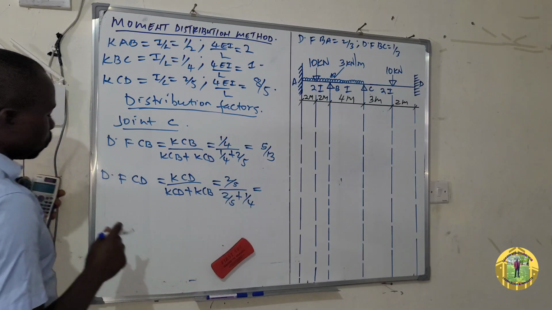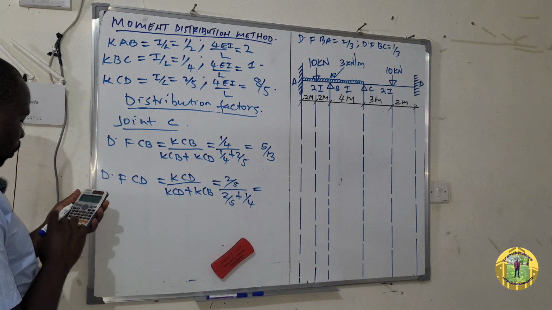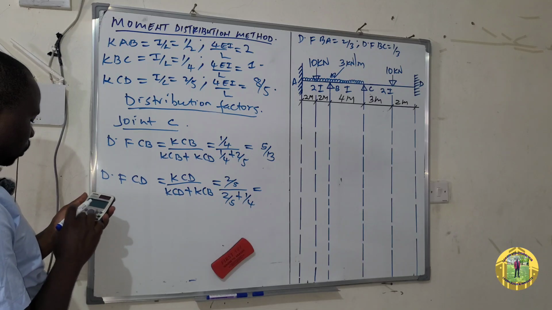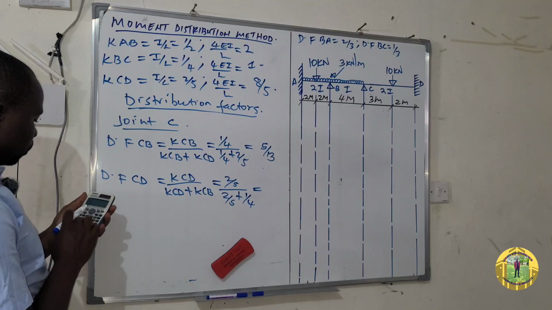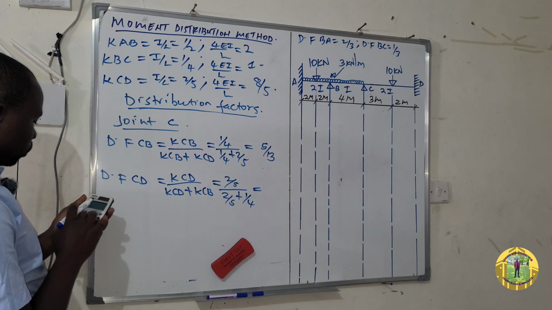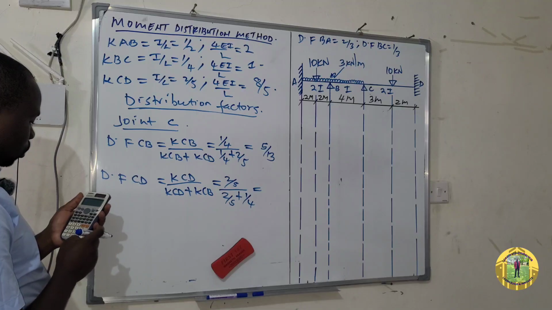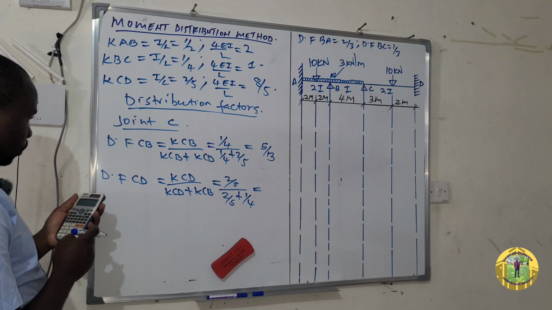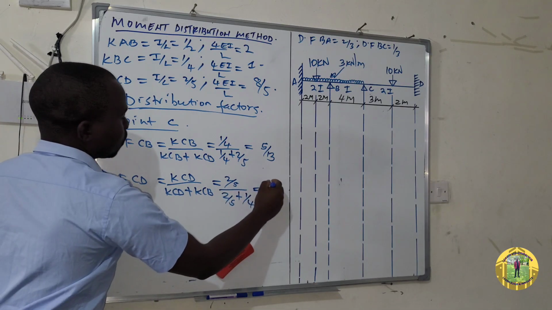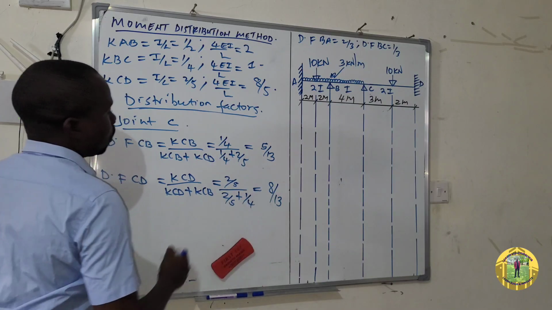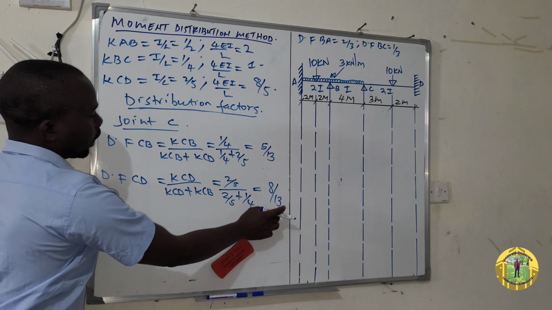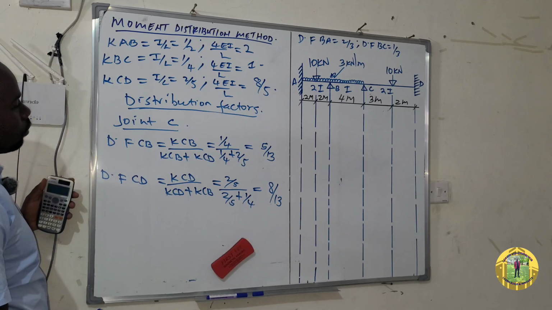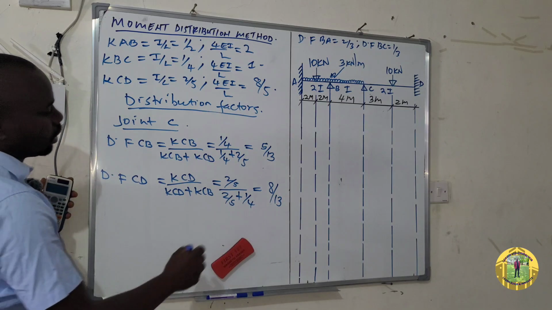So this is 8 over 13. The total distribution factor at a joint must add up to 1. This is for a simple joint or a pinned joint.